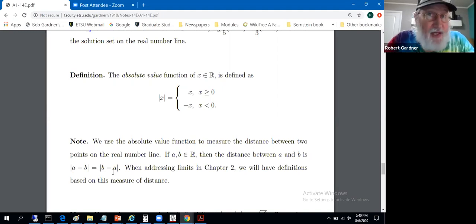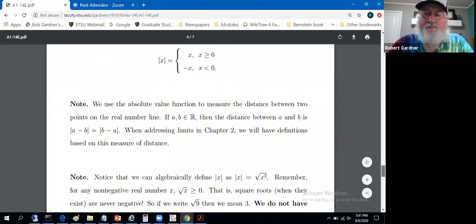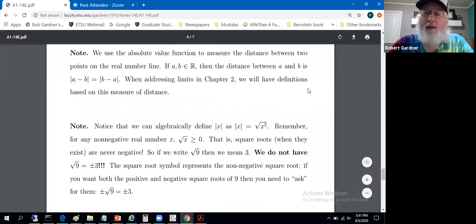It tells you how to measure distance. And the first topic we're going to do calculus-wise is limits, and limits are about things getting close to each other. And absolute value we'll use to measure distance and describe that closeness. So that's why absolute value comes up in this preliminary material. Chapter 2, limits, distance.